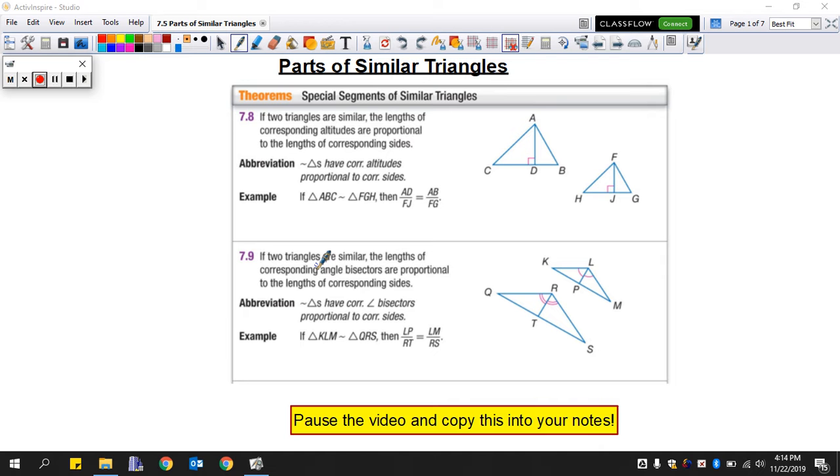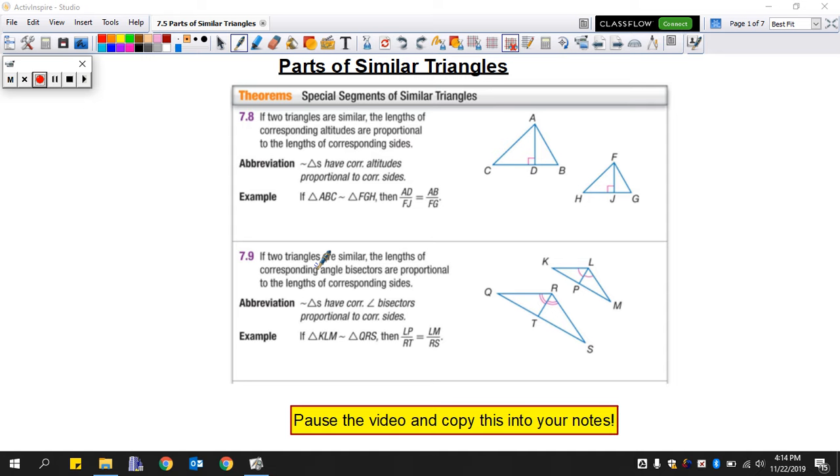You might ask, what are some other parts? Well, you have parts like the altitudes of the triangles, or the angle bisectors of triangles, or the medians of triangles. So that's what we're talking about there.